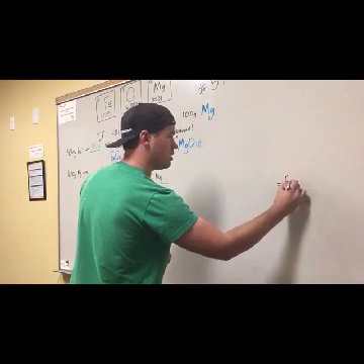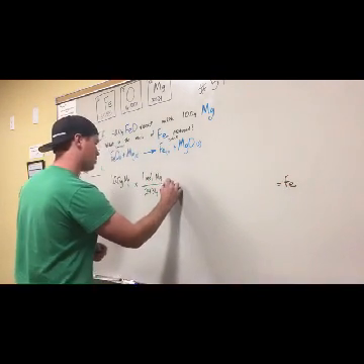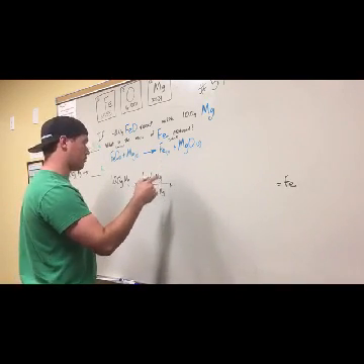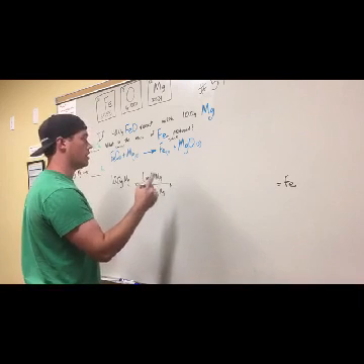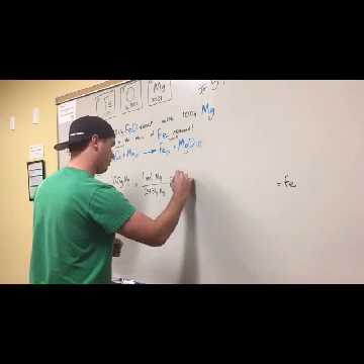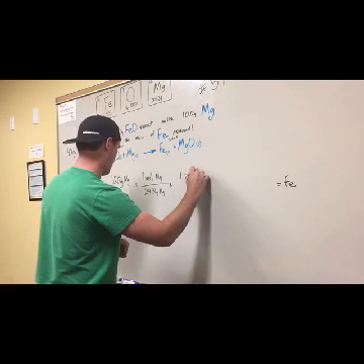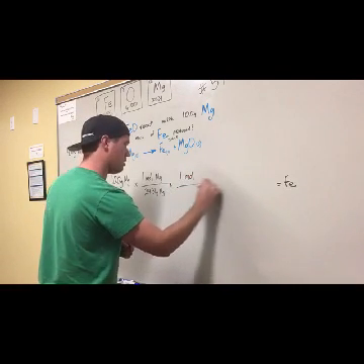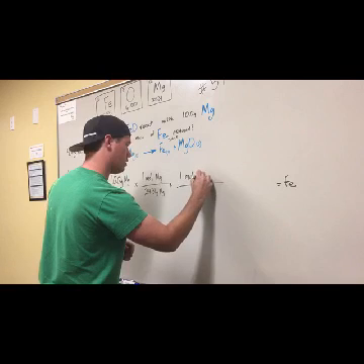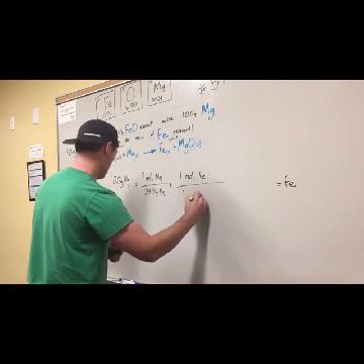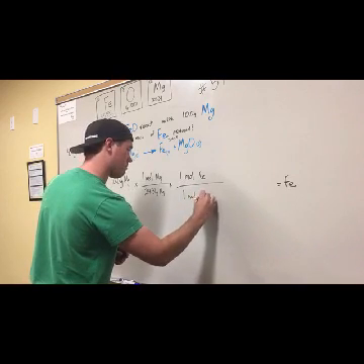Okay, so we need to find out how many moles of magnesium go into moles of iron. So we're going to have 1 mole of iron over 1 mole of magnesium.